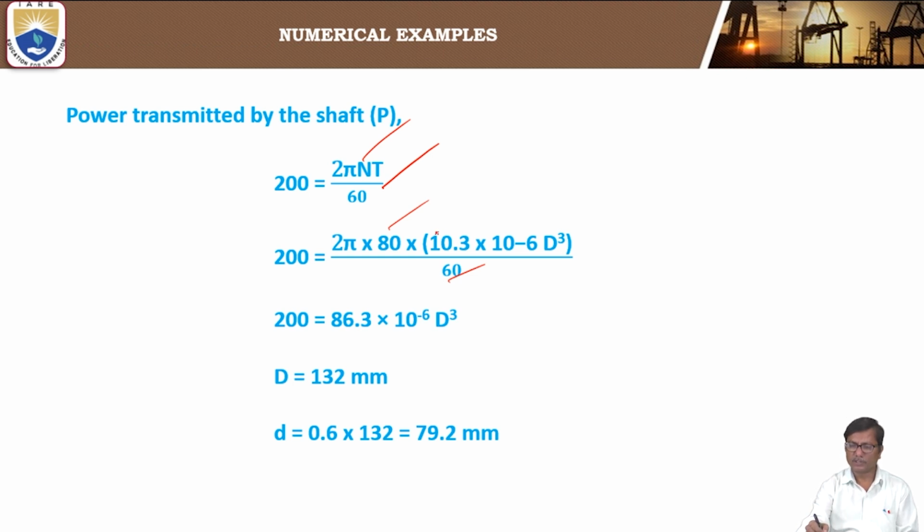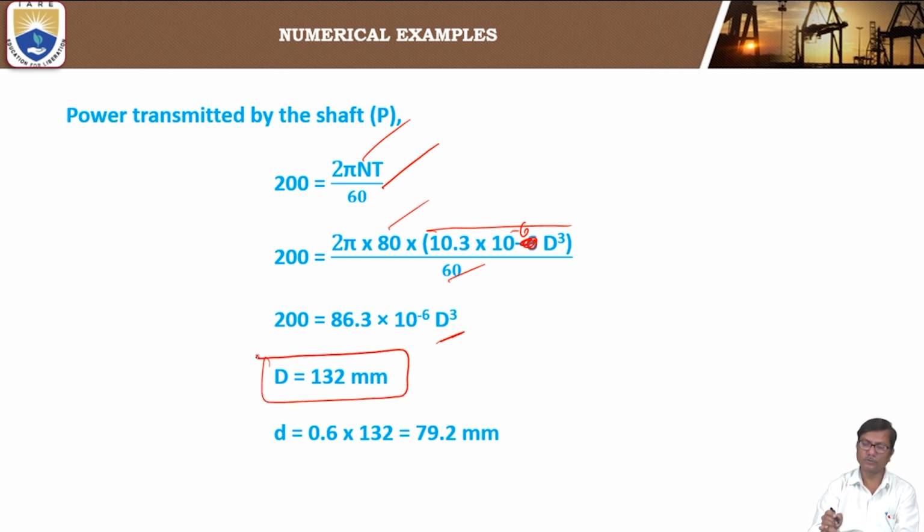And T value is 10.3 into 10 power minus 6 D cube. Understand? So this gives the capital diameter as 132 millimeters, and small diameter is 0.6 times of this, 79.2 millimeters.